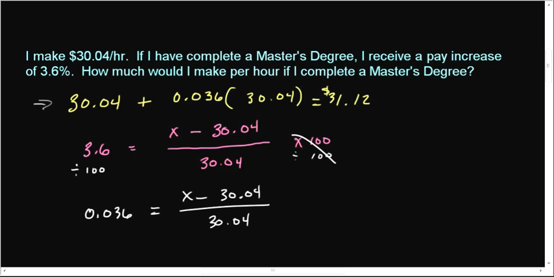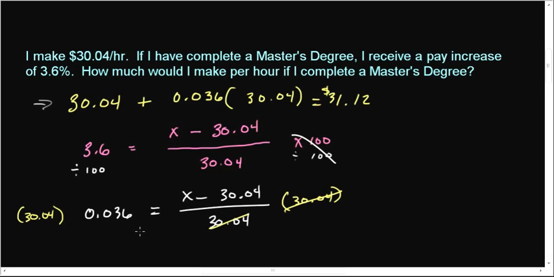I'm going to multiply both sides by 30.04. What this is going to do is allow me to cancel what's on the bottom. Any number divided by something times that something, a number divided by itself is 1. It's just that stuff left on top.